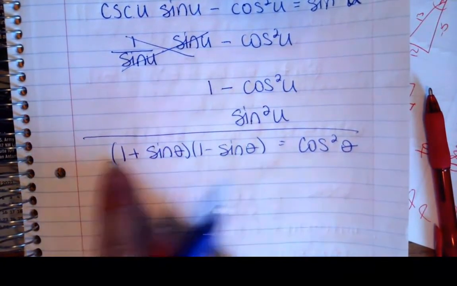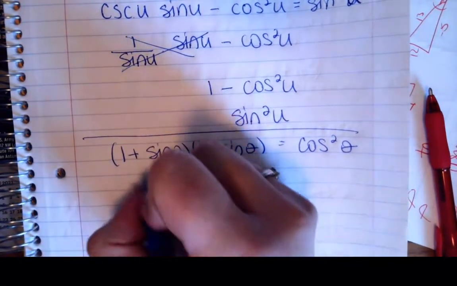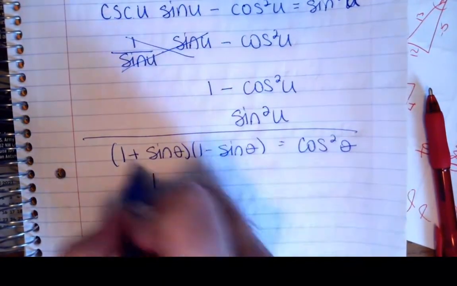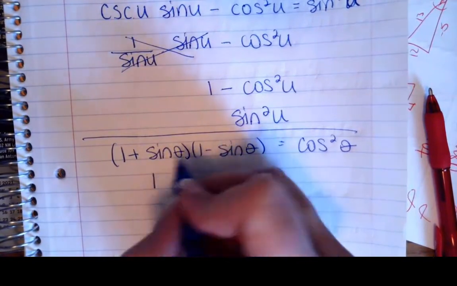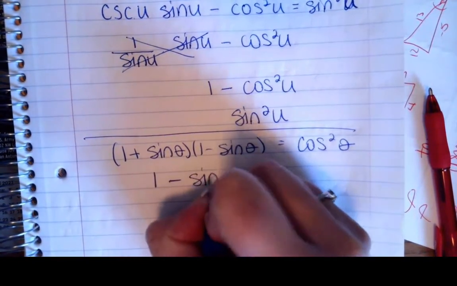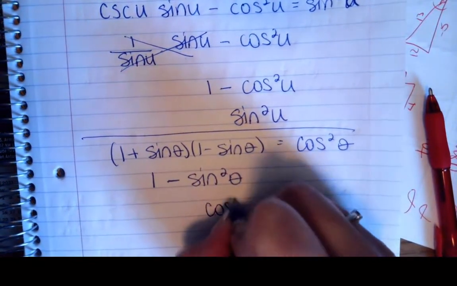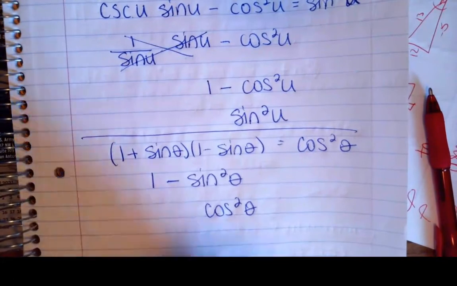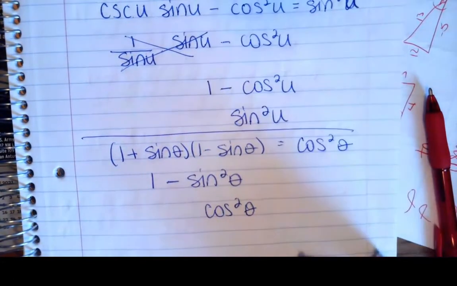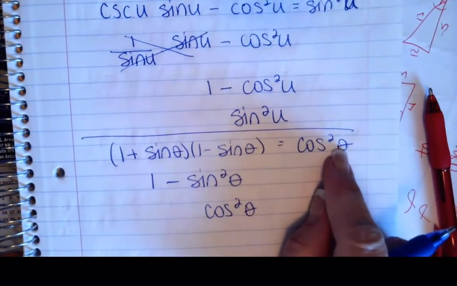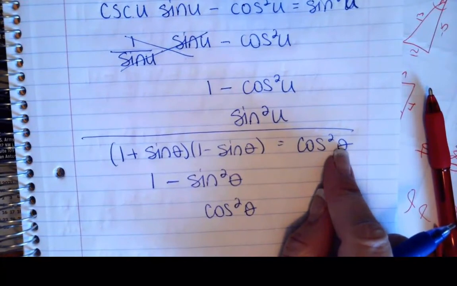Well, I know how to multiply these. They are conjugates. So that's going to be a 1 minus sine theta plus sine theta minus sine squared theta. And then, holy cow, look, Pythagorean identity makes that into a cosine squared. So I ended up generating the exact same thing on the left that I have on the right.